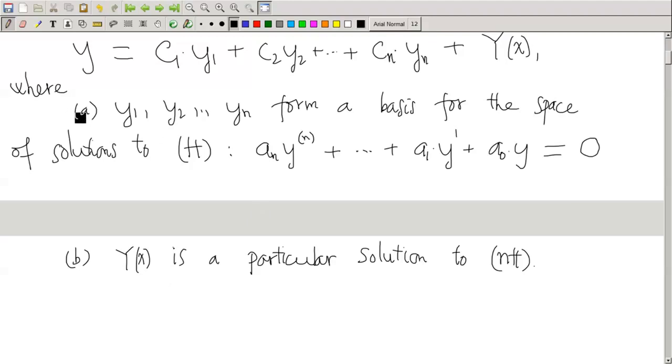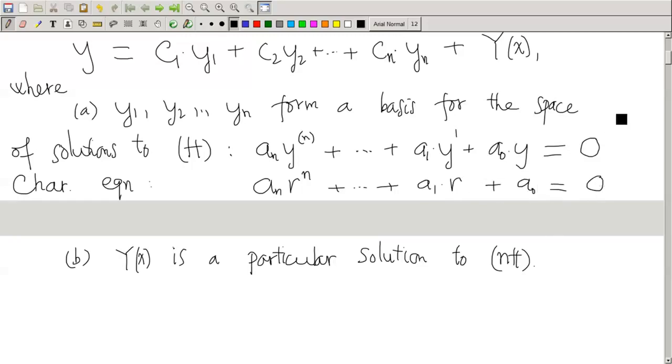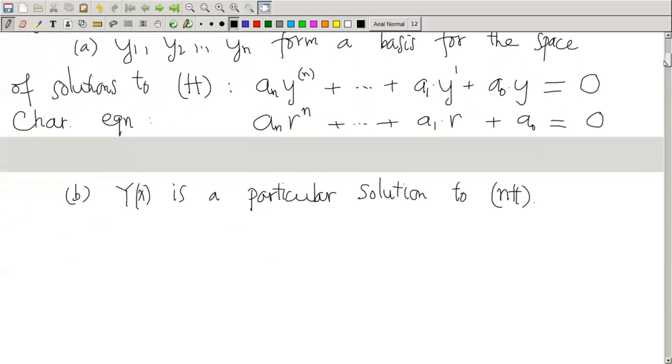Now, in order to solve for y1, y2, yn from the homogeneous equation, we do as before. We need to solve the characteristic equation. a_n times the nth derivative will give us r to the n, etc. a1 times the first derivative will give us r, plus a0 equals 0.